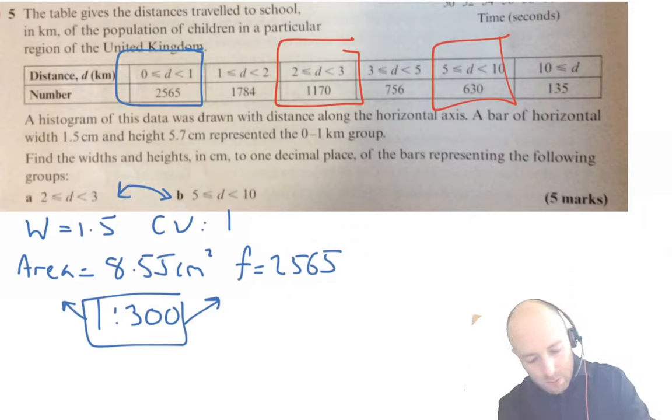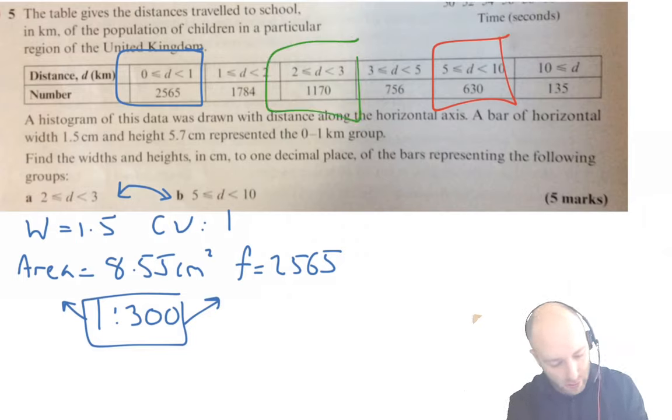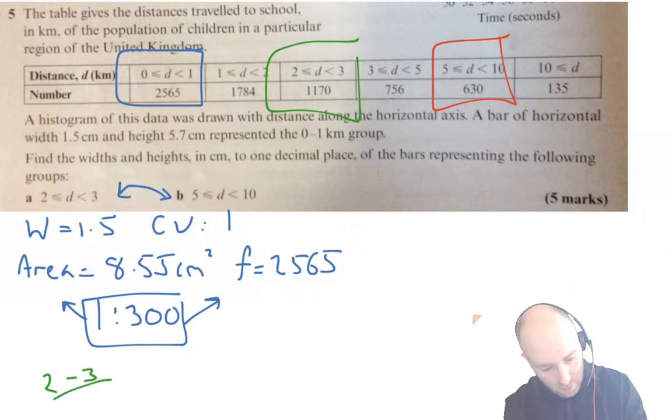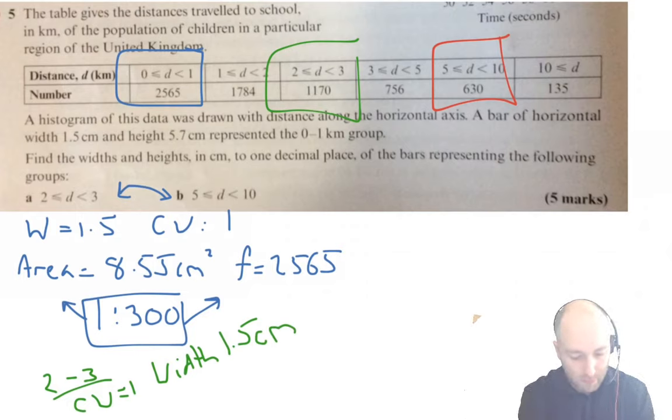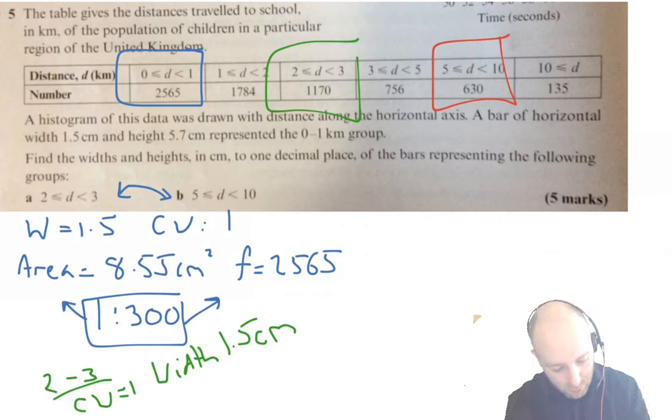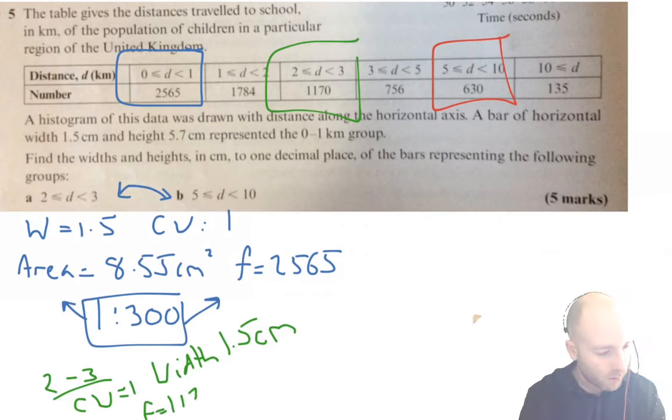Okay, so if we look at, I'll make this one green. If we look at the green one next, so we've got 2 to 3. So this has a class width equals 1. So the width is going to be 1.5 still. And our frequency 1170, if I divide that by 300, that gives me my area of 3.9.